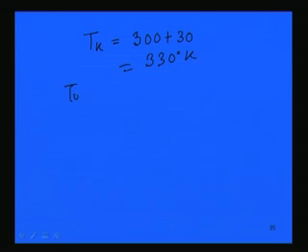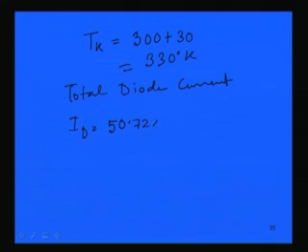So, the total diode current for this new temperature will become I_D equal to 50.72 into 10 to the power minus 7 into exponential of 11600 into 0.25, because the applied voltage is 0.25 volt as mentioned, and the Kelvin temperature is now 330, minus 1.